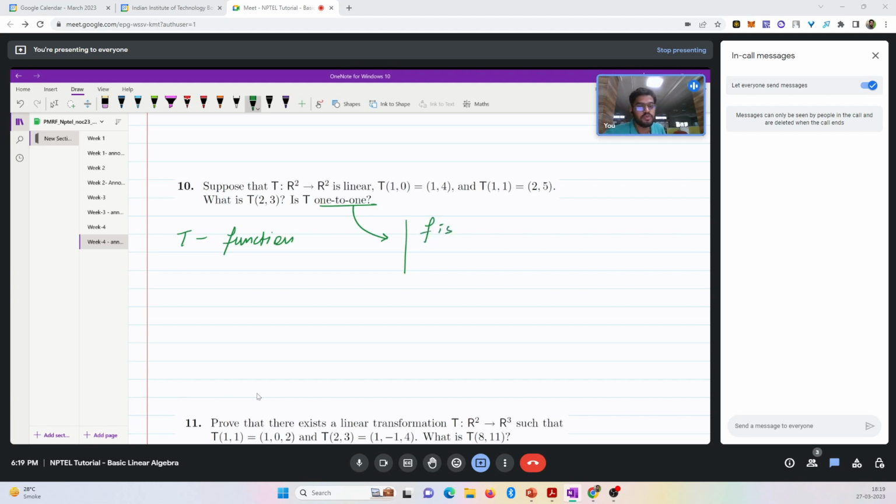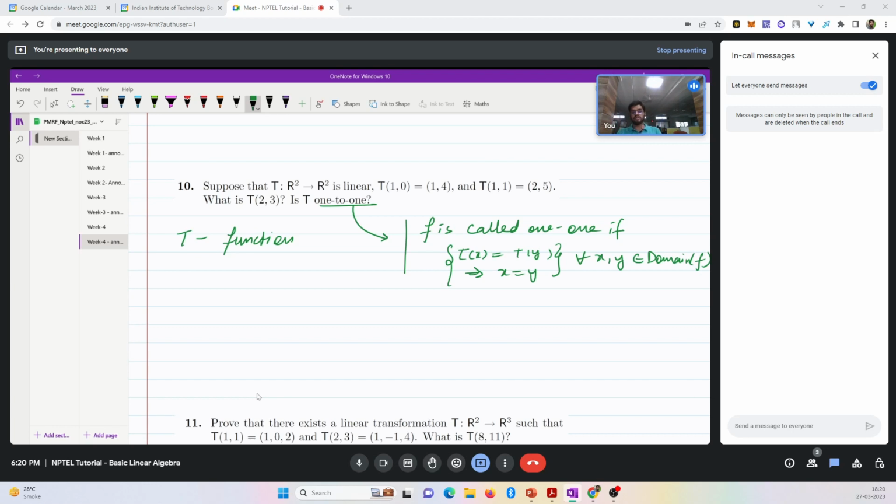F is called 1-1 if T of x is equal to T of y implies x is equal to y. If this property holds for all x and y belonging to the domain of F, then you call that function a 1-1 function.